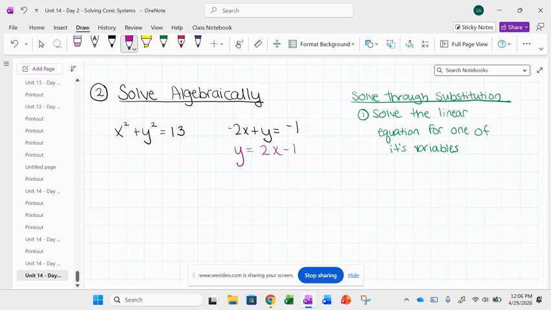You too. Okay, so it says solve the linear equation for one of its variables. We're solving for y. We got y all by itself.